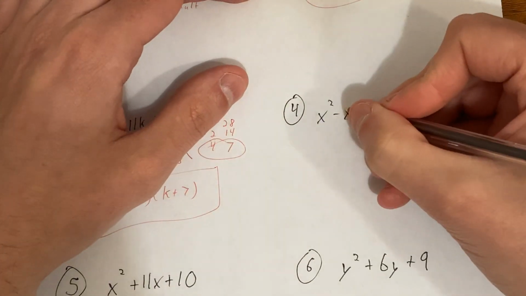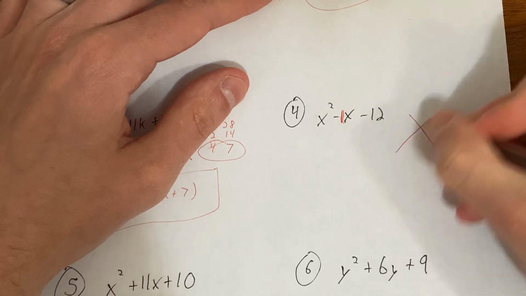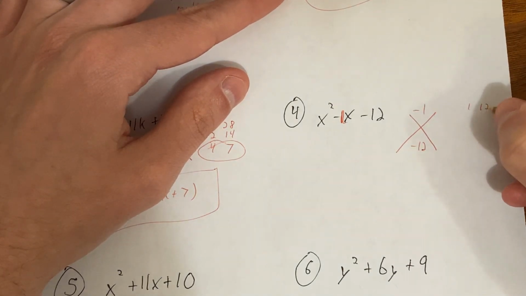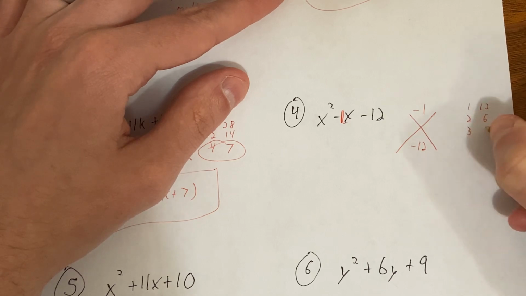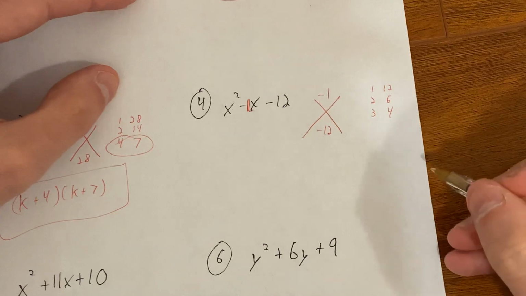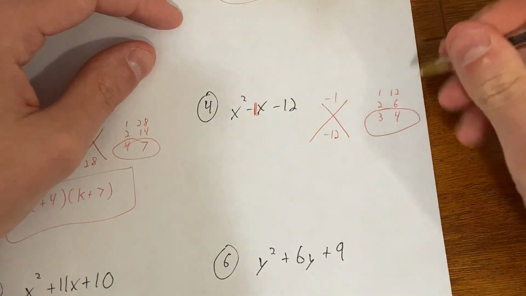This one, there's no number in front of this, so it's going to have to be a negative 1. So it's either 1 and 12, 2 and 6, or 3 and 4. Those will get you 12. In terms of a difference of 1, that's going to have to be this one.